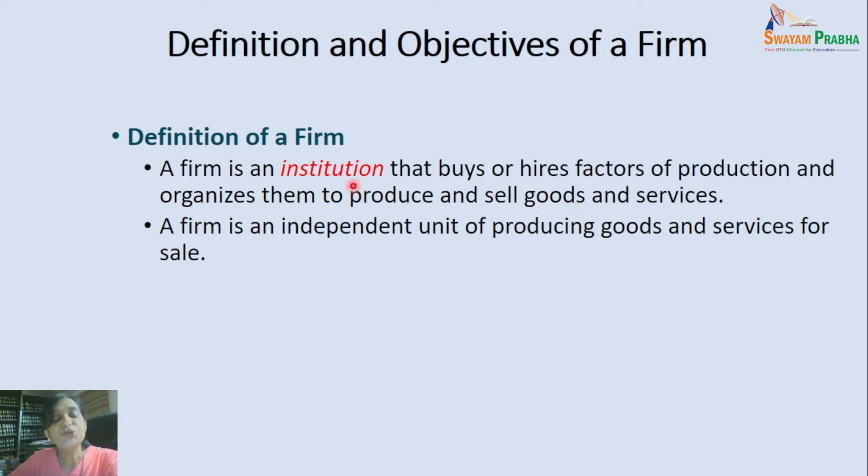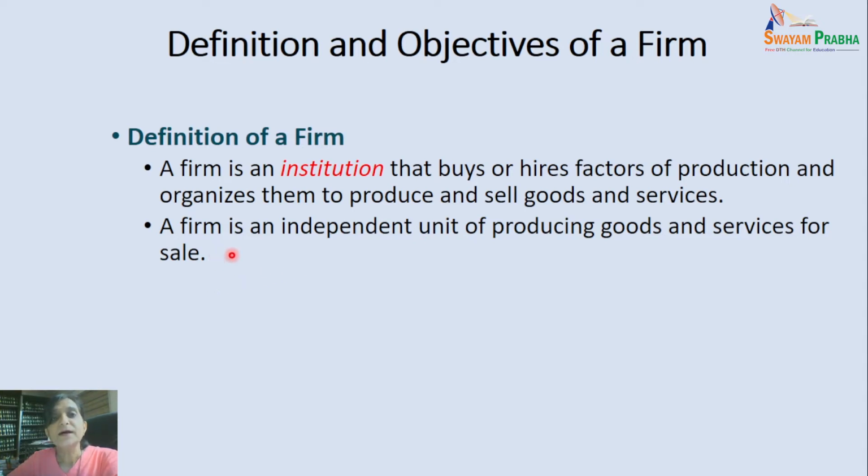So an institution that is either buying factors of production or hiring these factors of production. Why? Because it wants to organize all these factors of production to produce and sell goods or services. So we say a firm is basically an independent unit of producing goods and services for sale.